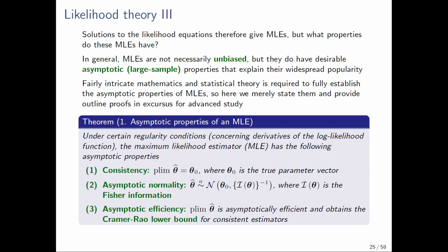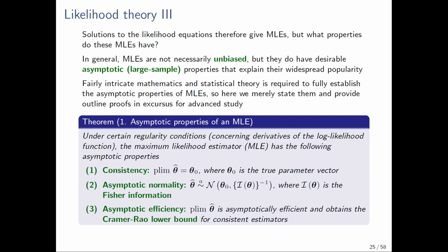Well, in general, MLEs are not necessarily unbiased, but they have desirable asymptotic, that is, large sample properties, which explain their widespread popularity. Now, fairly intricate mathematics and statistical theory is required to establish these properties fully. So here I'm simply going to state them, but I've provided some additional detail and outline proofs in the excursus slides that follow, and I'll go through them at a very high level.